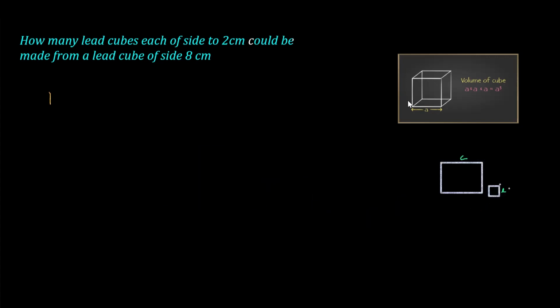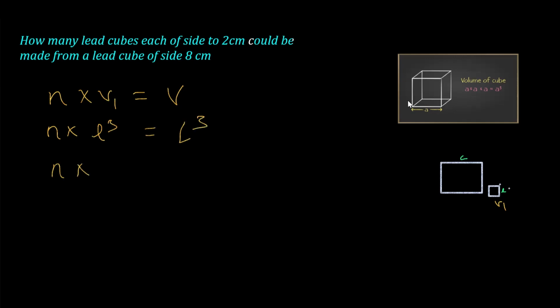Now check here what we can see. If I take the number of lead cubes as n, then n multiplied by the volume of this one, V1, will be equal to the volume of the large one. As you know, when you recast or cut a solid figure into smaller pieces, their volume remains the same. So n is what we have to find out. I can replace this with l cube and this has capital L cube.